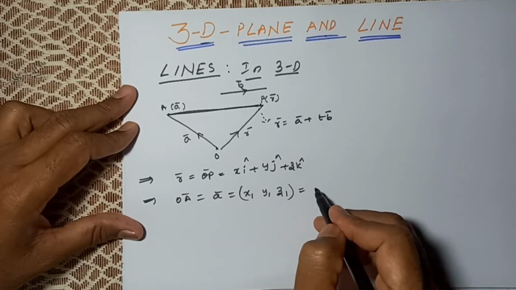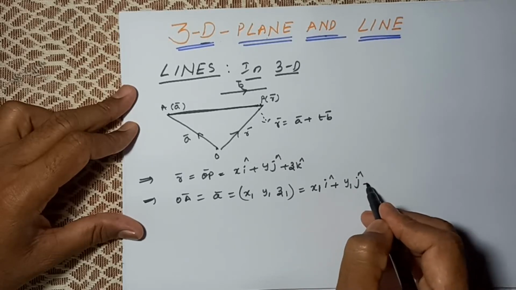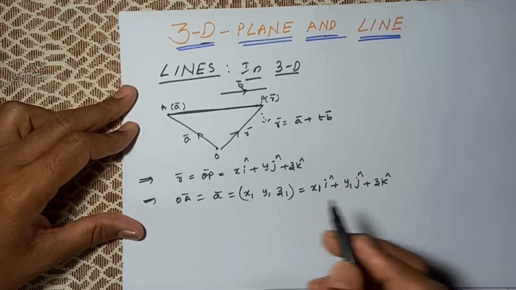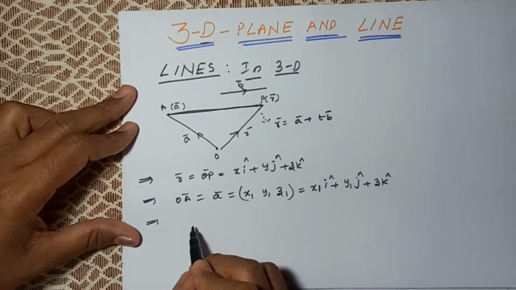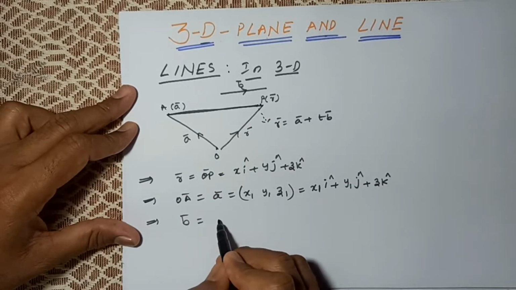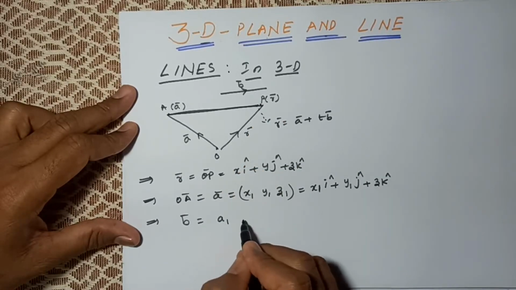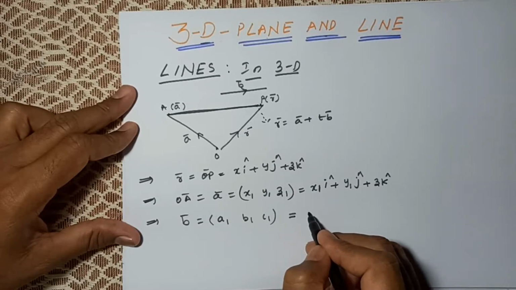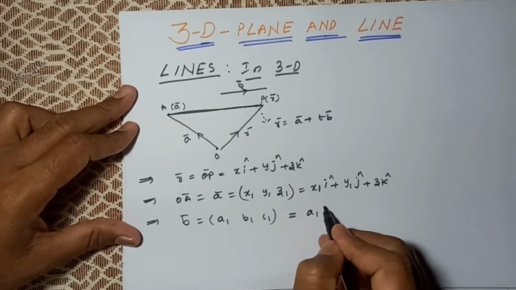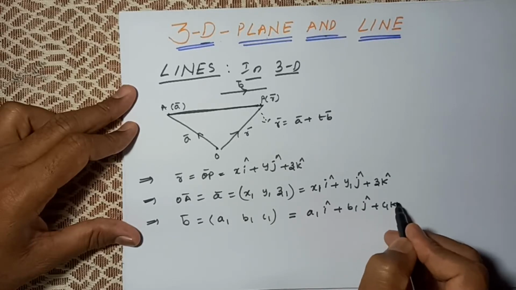So if you write this in vector form, x1 i cap plus y1 j cap plus z1 k cap, and like this any vector parallel to this is B bar, let it be parallel to these vectors whose DRs are a1 b1 c1. These are the DRs, and if you write it in vector form, then it is a1 i cap plus b1 j cap plus c1 k cap.